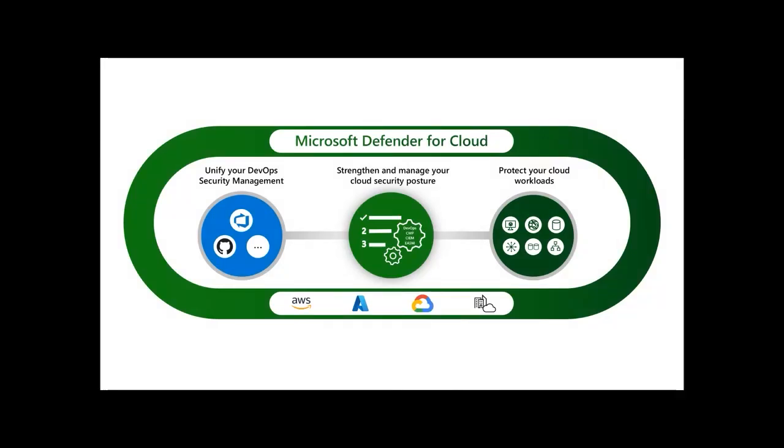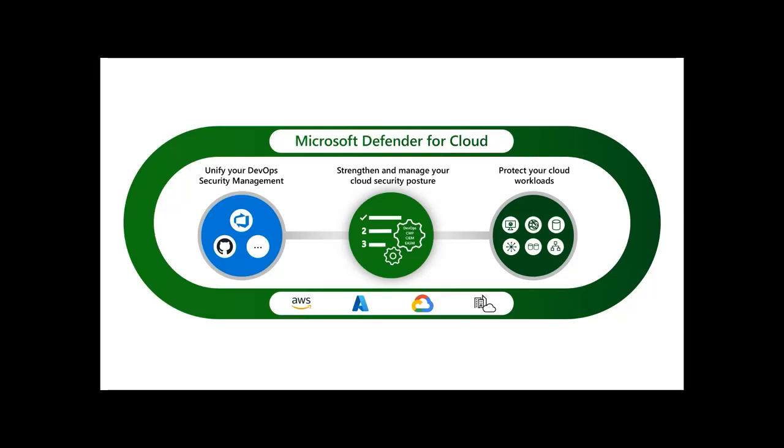So before we dig into the agenda, let's do some level setting on what Defender for Cloud is. We're a cloud native application protection platform made up of security measures and practices designed to protect cloud-based applications from cyber threats and vulnerabilities. Defender for Cloud combines the capabilities of a DevSecOps solution that unifies security management at the code level across multi-cloud and multi-pipeline environments.